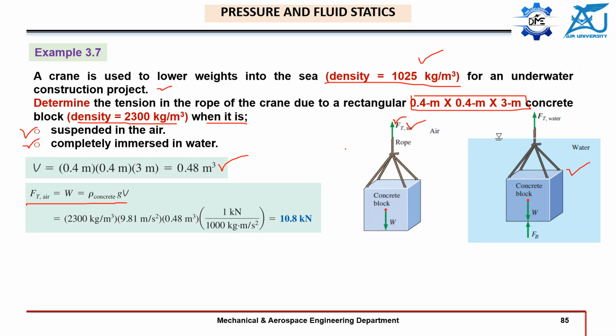We are ignoring any other force acting on this concrete block. So we can easily find the weight of this concrete block by using mg, where m is equal to rho times v. So we get this force is equal to 10.8 kilonewton.